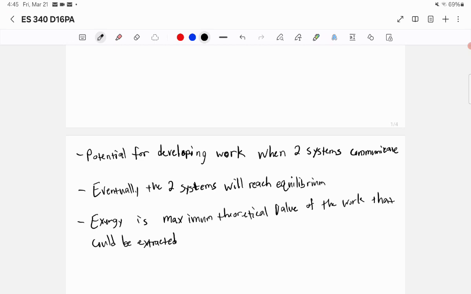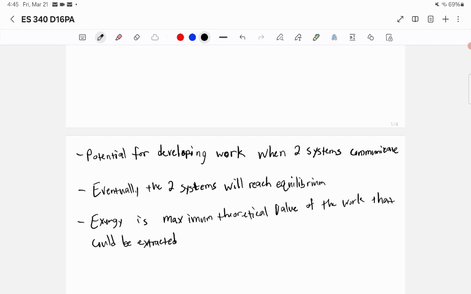So let's do another example with, say, a cup of coffee. If I have this hot cup of coffee, it's obviously warmer than the atmosphere, which means that heat energy is going to be transferred from the hot cup of coffee to its surroundings, to its environment, to the atmosphere.